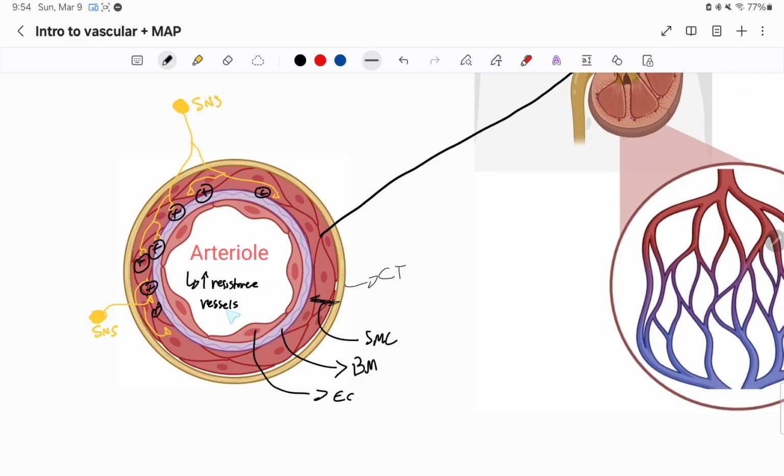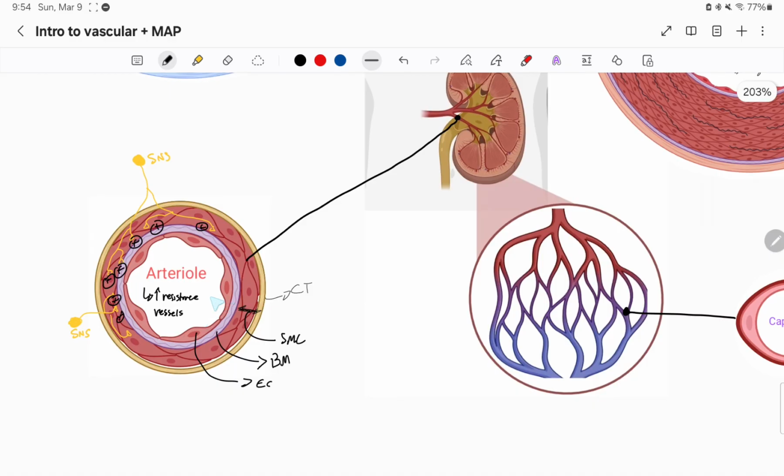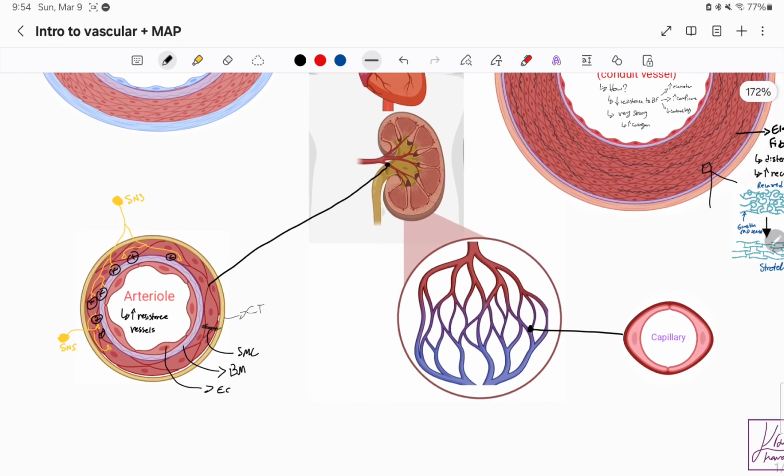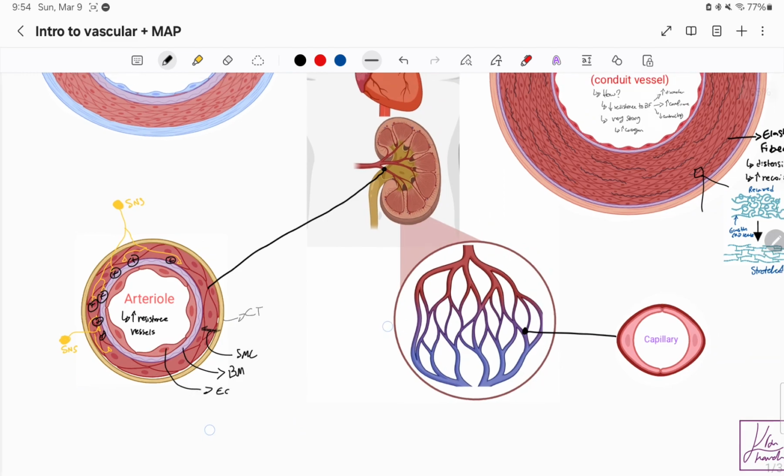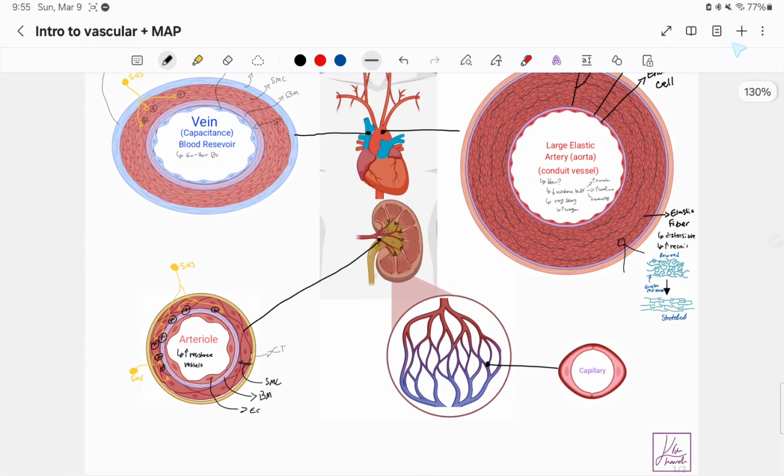Okay, so all of those things are going to make them a very, very, very high resistance vessel. Okay, and in fact, we'll look at a chart in a second, but you'll see that the largest pressure drop from the level of the arteries occurs at the level of the arterioles. If you don't understand what I'm saying now, trust me, you will in about 5 minutes.